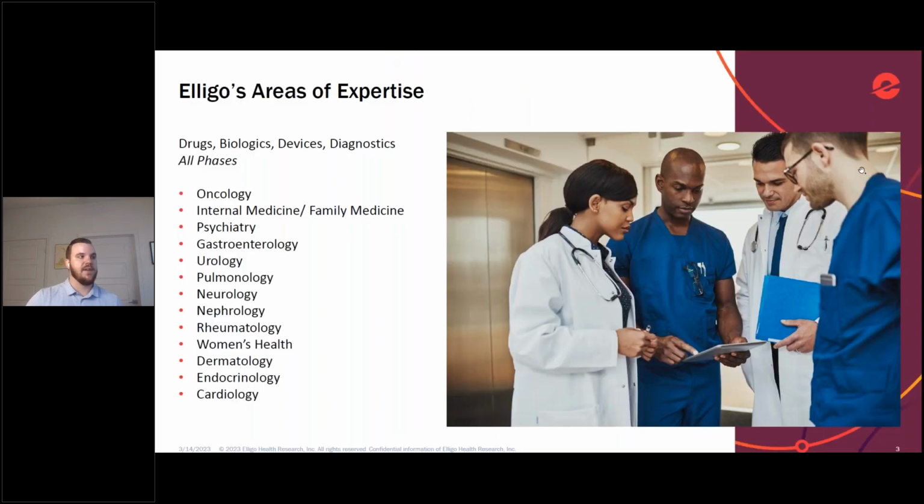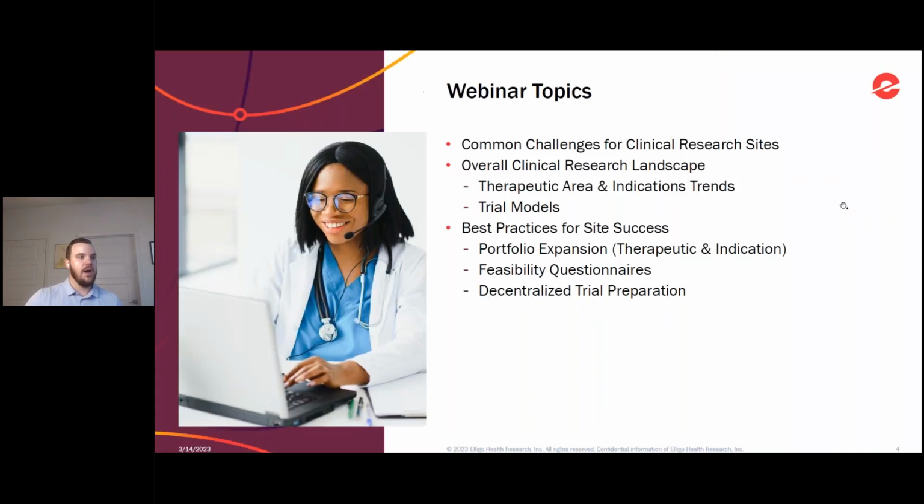We collectively have experience across all clinical trial phases in a wide variety of therapeutic areas and specialties, which you can see listed.